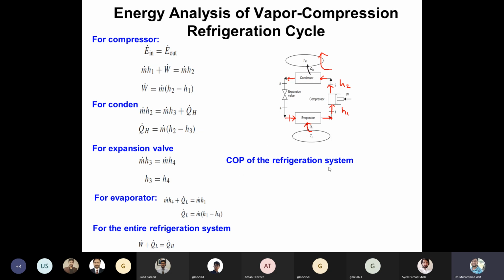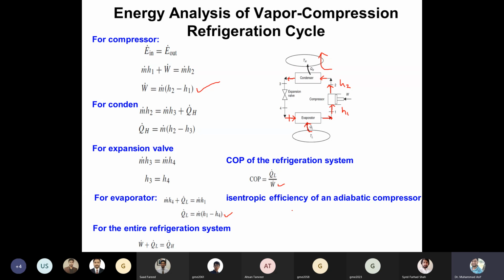Right, so then we can have the coefficient of performance of the complete refrigeration system, which is the ratio of the energy absorbed to the work input. So the energy absorbed is basically QL that we calculated, equal to this value, right? And the work input W was calculated to be this value, right?